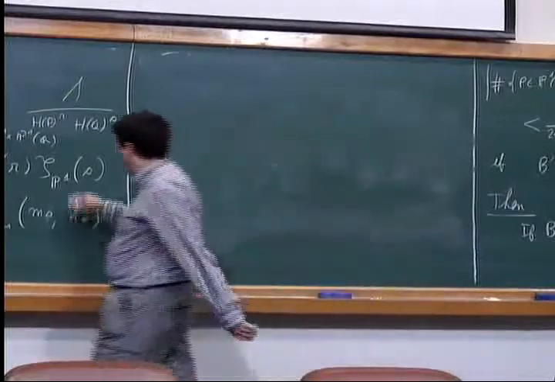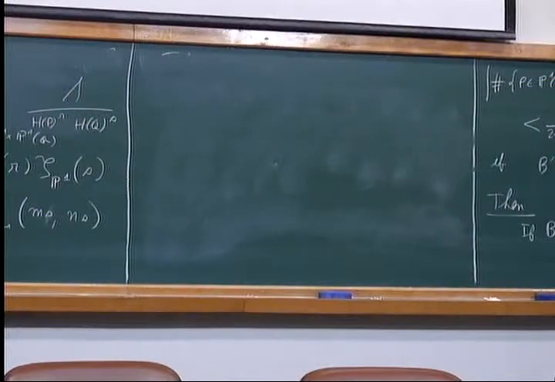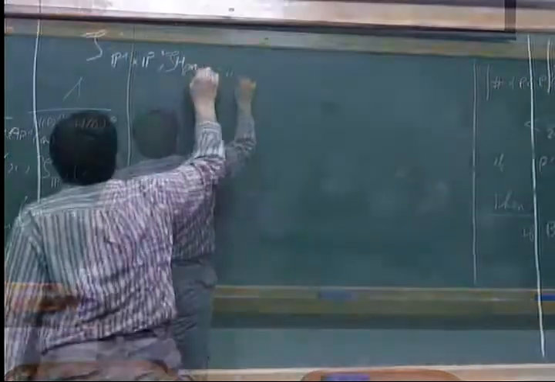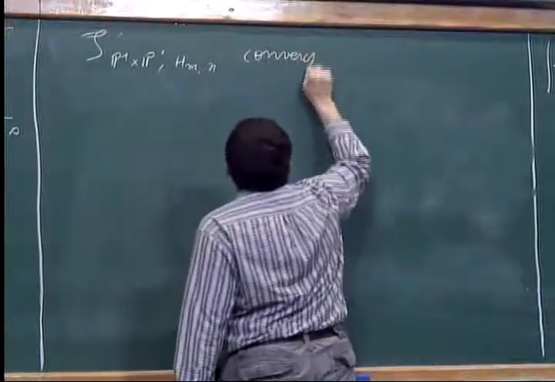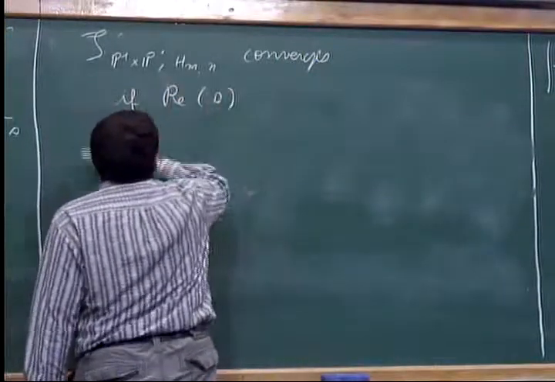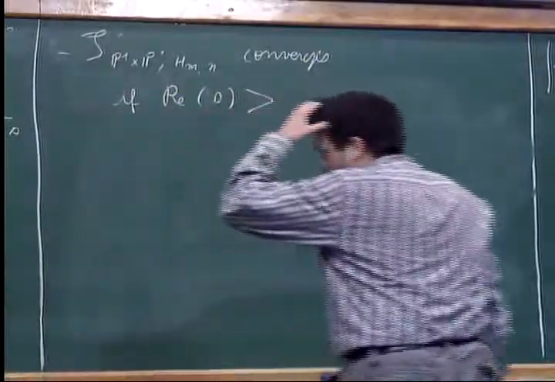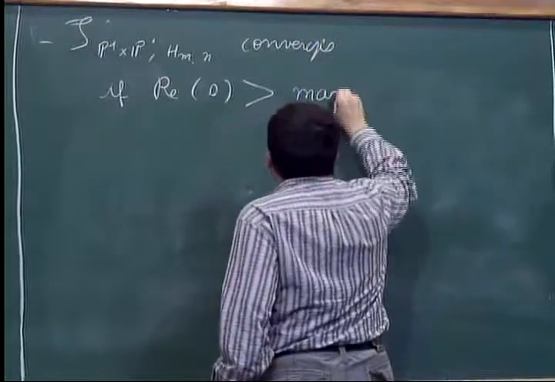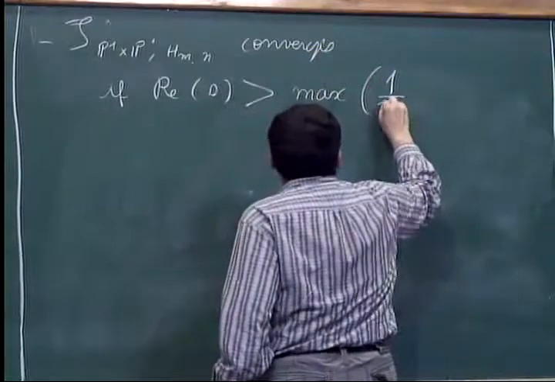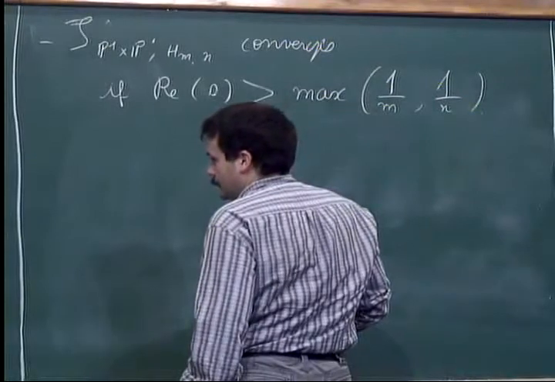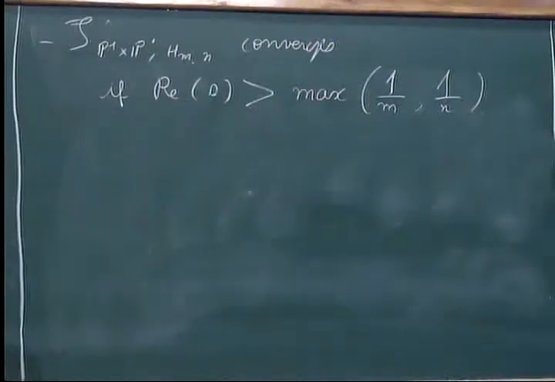it's easy to get from this expression the domain of convergence of the height zeta functions, namely, well, this height zeta function converges if the real part of s is bigger than the maximum of 1 over m, 1 over n. Is that correct? Yes? No?